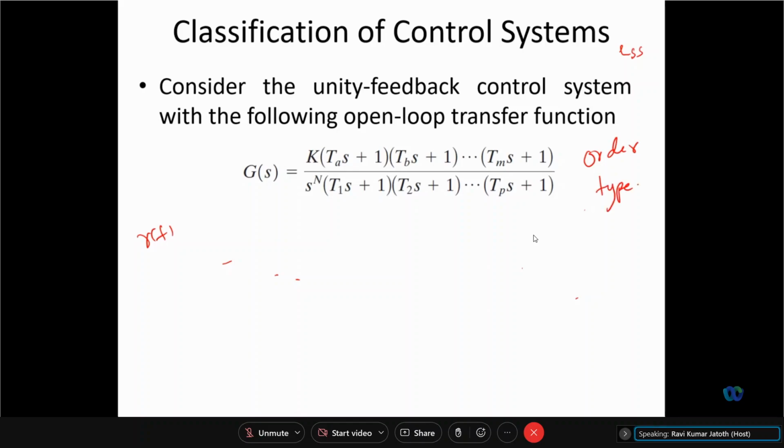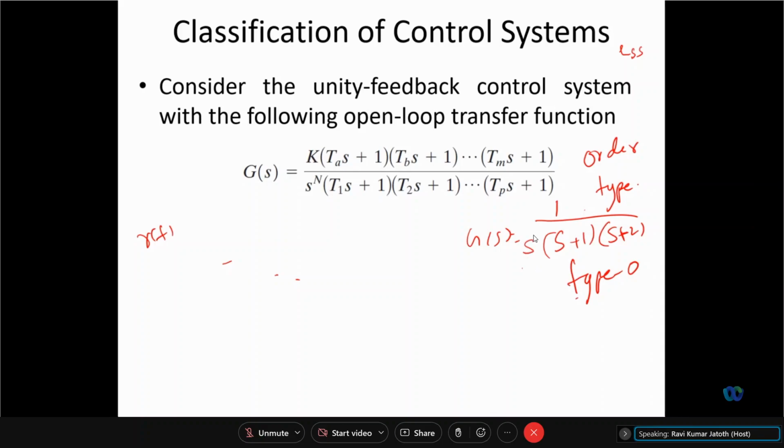Now if I have a transfer function G(s) equal to 1 by (s plus 1)(s plus 2), how many poles are there at origin here? There are no poles at origin. Then this type of system is called a type 0 system.